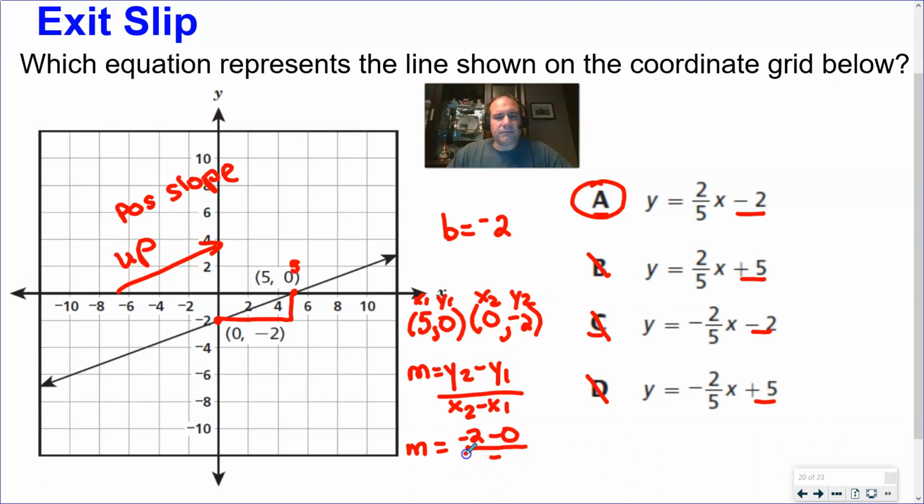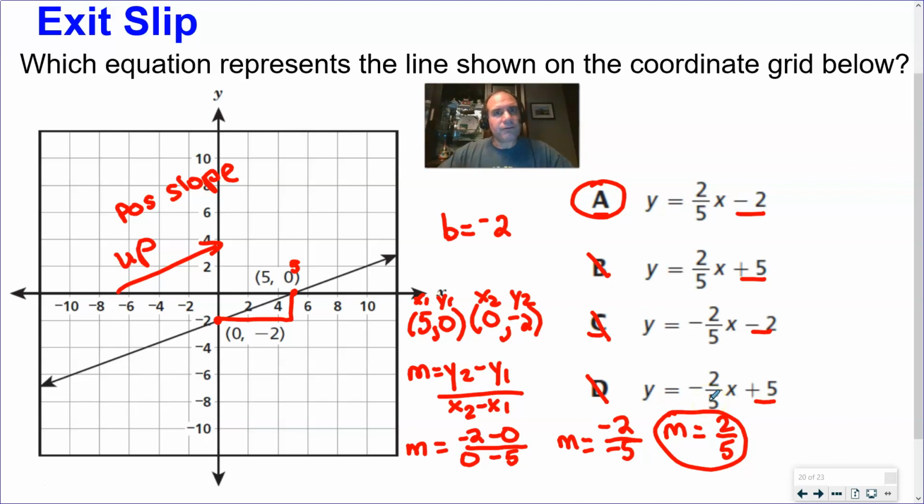Then I have 0 minus 5. My slope is numerator -2 minus 0, -2. 0 minus 5, -5. Negative divided by a negative, positive. The slope is 2 over 5. The negatives cancel each other out.